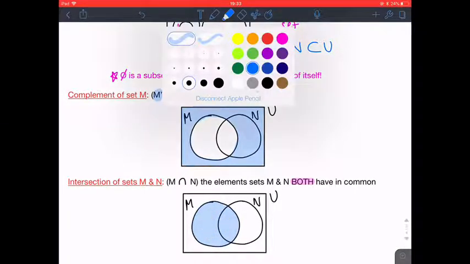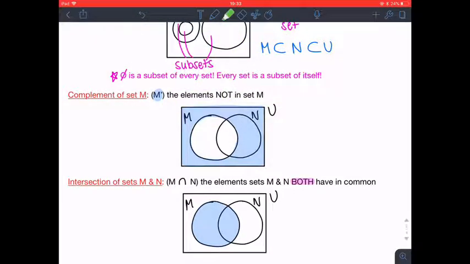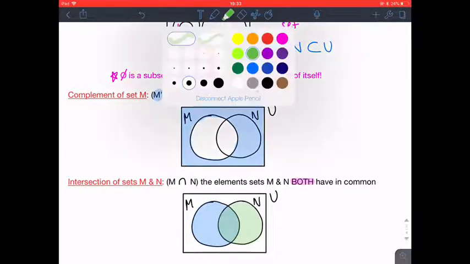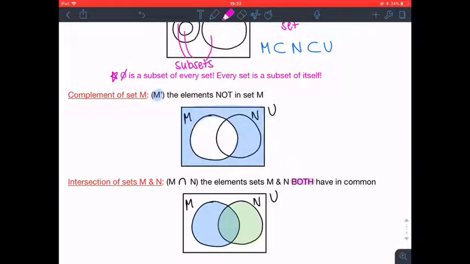And I'm going to highlight everything in set N in green. Now where the two overlap, they overlap right here in the middle in pink.